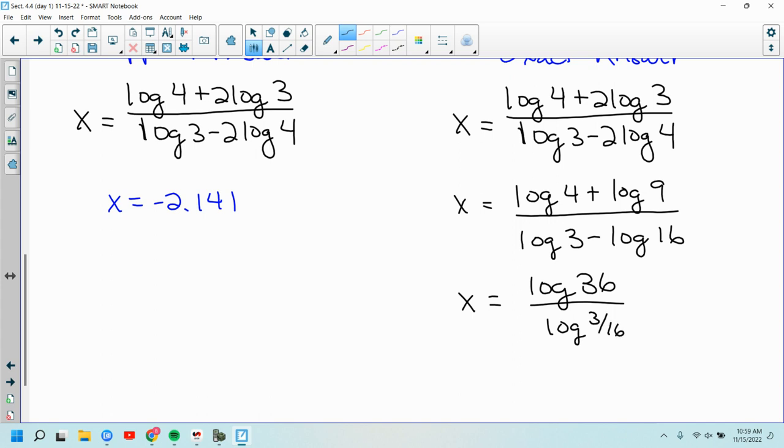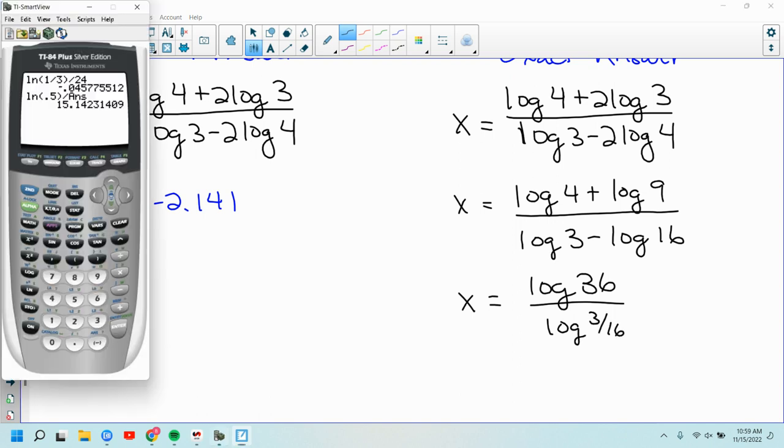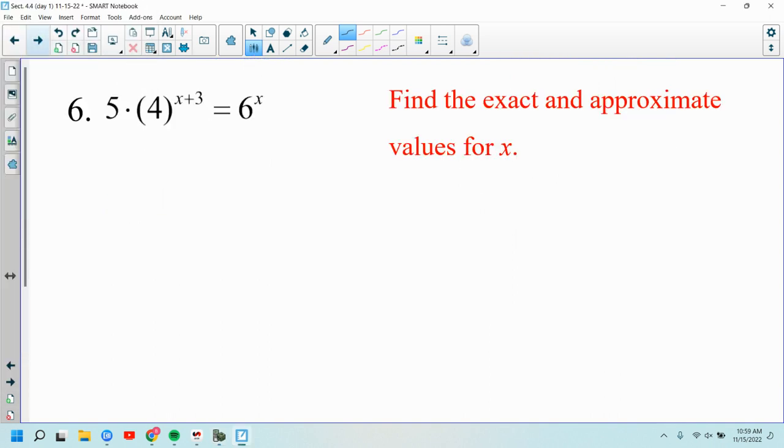Now, is this a little bit easier? Log of 36 divided by log of 3/16. Negative 2.141. Same thing. Okay, this is the exact answer. No decimals.